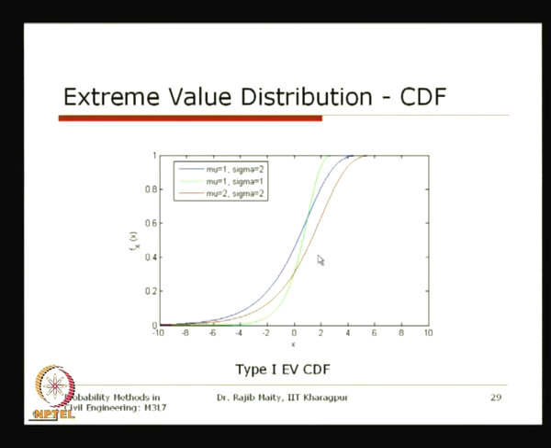It basically depends on how the distribution is spread over the entire range of the random variable. One correction here: this should be capital F, because by this time you know that the CDF notation we follow is capital Fx.